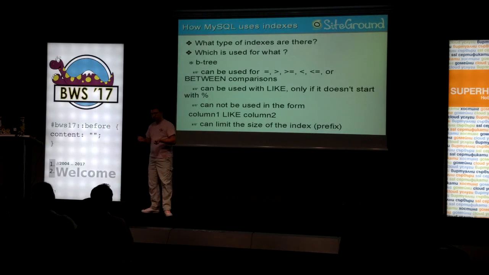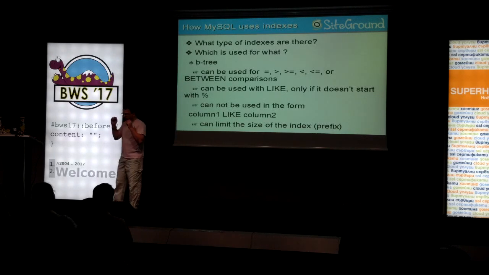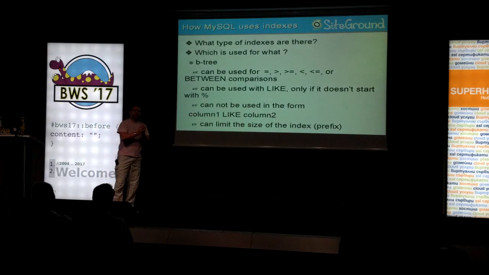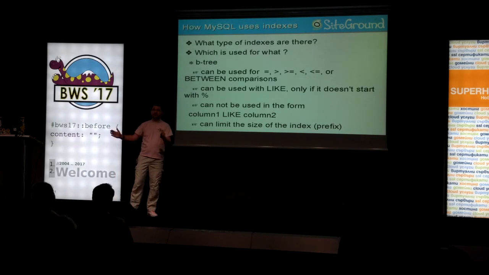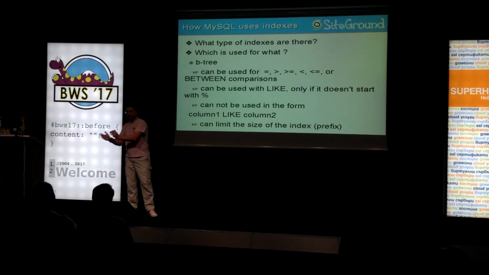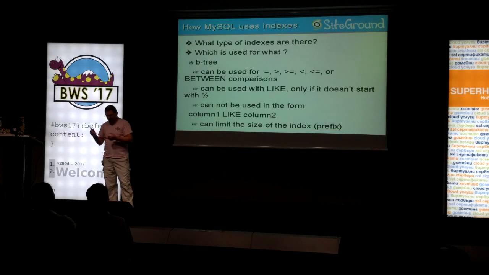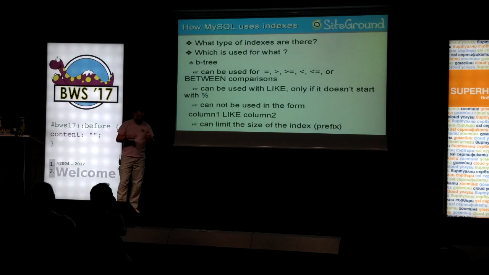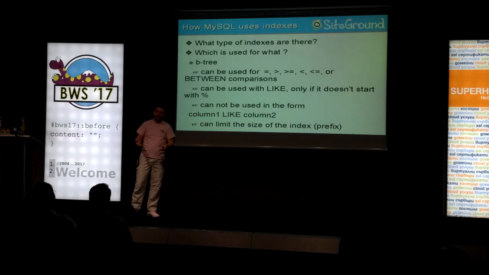This is a problem. Also, when you're using like on these indexes, your like statement shouldn't start with percent, simply because this is a wildcard and you don't know where to start on the tree. You can have a postfix percent, but you cannot start it with a wildcard. And also, you can limit the size of your indexes. This is something that most people don't know about B-trees.